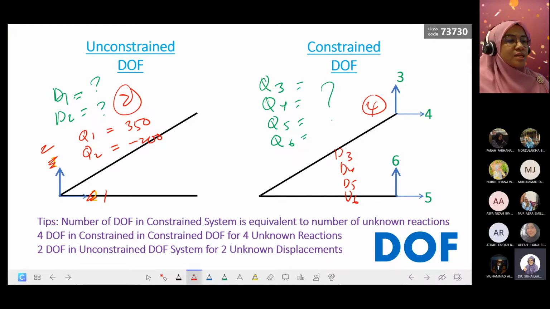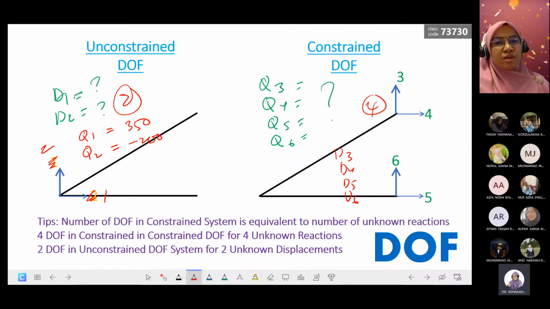For the constrained system, since there are 4 unknown reactions, we label them Q3, Q4, Q5, Q6 because there are 2 pins. And the displacements at positions 3, 4, 5 and 6 will be 0 because these are displacements at supports, unless the support has displacement.